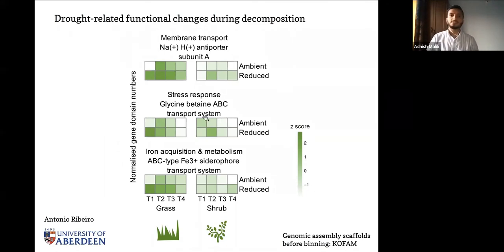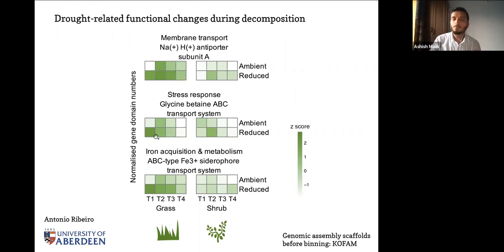So glycine betaine, for example, is a very classical osmolyte that's used not just by microorganisms, but also by plants to overcome osmotic stress. And you can see that the number of genes are higher. So these are genes that are present in unique populations.